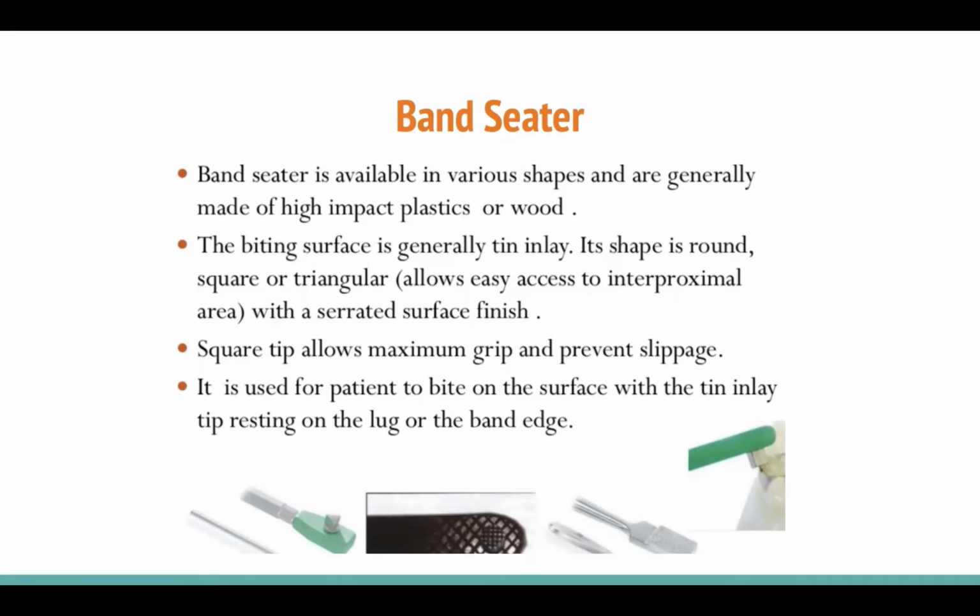The band seater is available in various shapes and is generally made of high impact plastic or wood. The biting surface is generally a thin inlay. Its shape is round, square, or rectangular, allowing easy access to the interproximal area with a serrated surface finish.